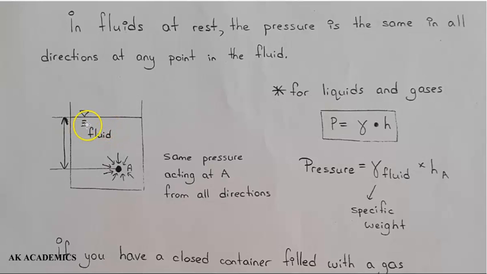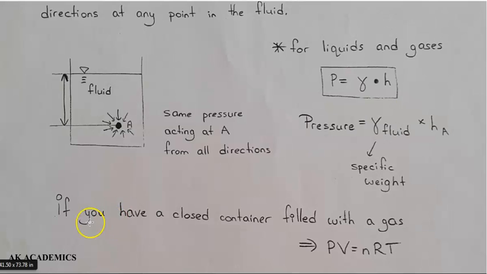So let's just call it fluid. Whatever it is, that specific weight of the fluid multiplied by the height of A will give us the pressure at this particular point A. If we have a closed container filled with gas, PV will be equal to nRT. This is the ideal gas equation that we talked about earlier.